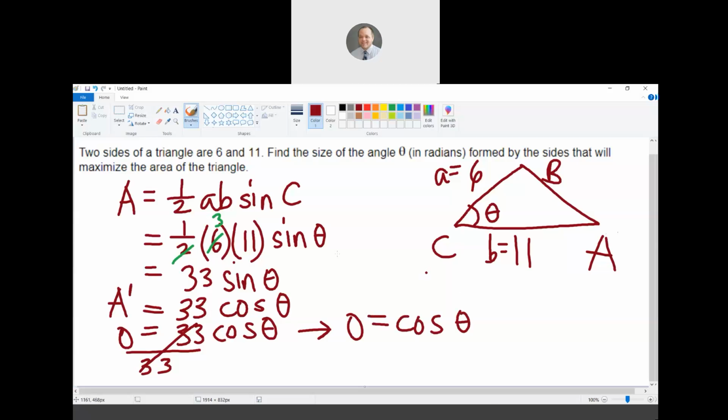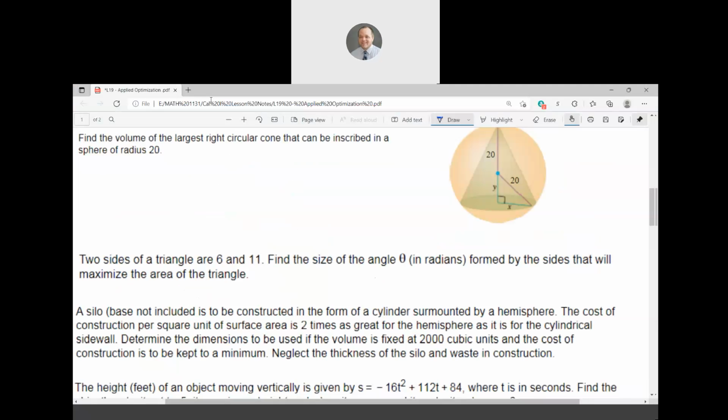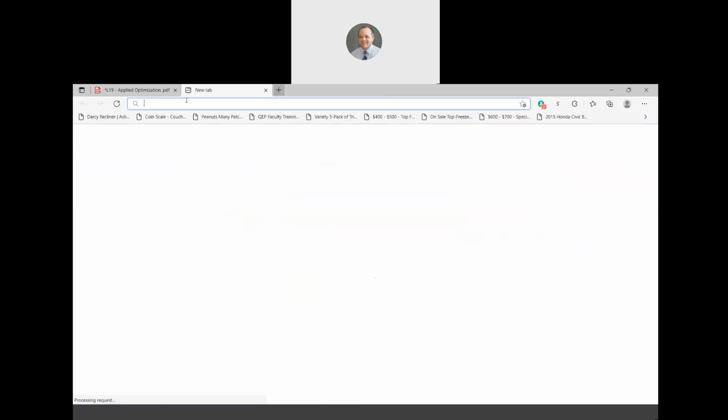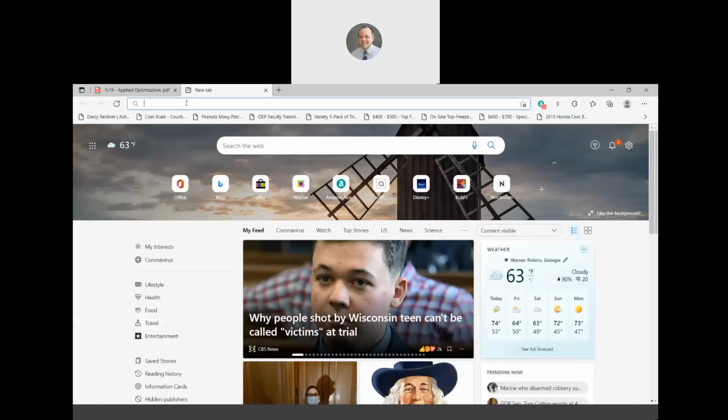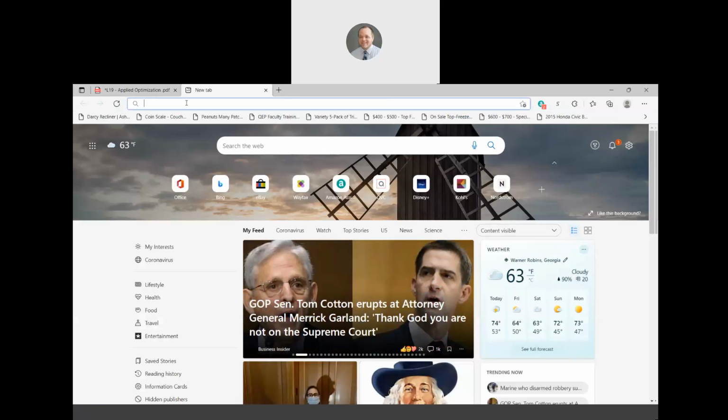Now we need to figure out on the unit circle, where on the unit circle is our angle where cosine theta is 0? Or we're trying to figure out the particular angle measurement. What I'm going to do is pull up a unit circle.